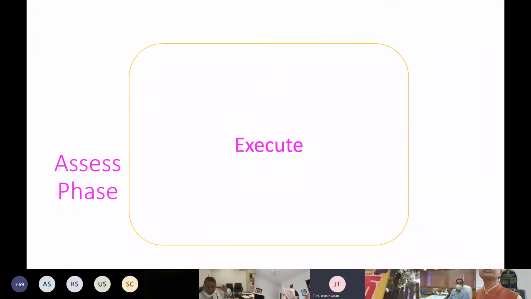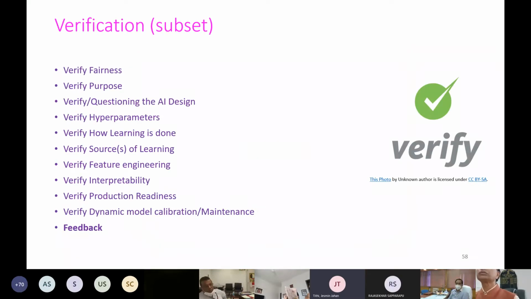After we map the socio-technical scenario and ethical issues to the requirements of trustworthy AI, we execute. What that means is that at this point, we will verify different claims made by the AI systems or developers, and we verify fairness and the purpose of the AI system.